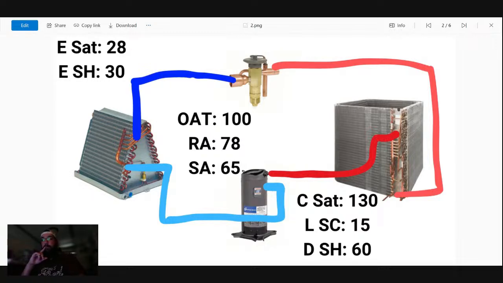Typically what I recommend to my team is to run that head pressure between 120 and 130 degrees of saturation. Typically, that is enough to get the velocity in the line set high enough to force that oil to return. So in this case, we're already there. We're already at the 130.